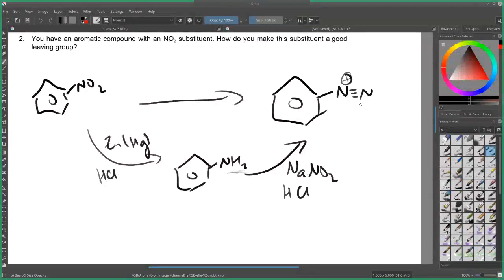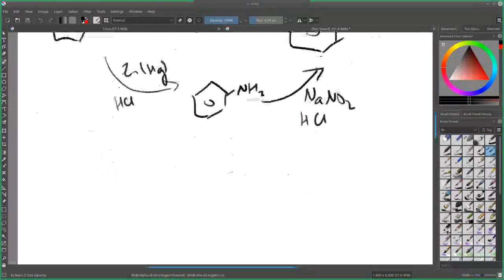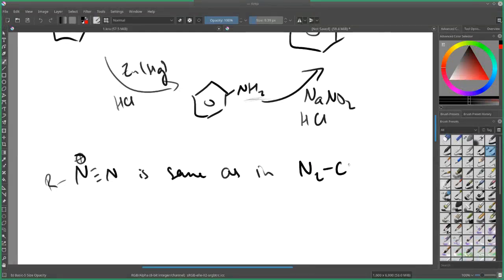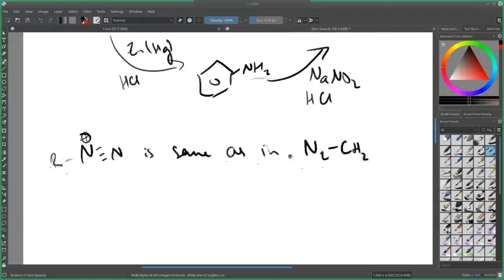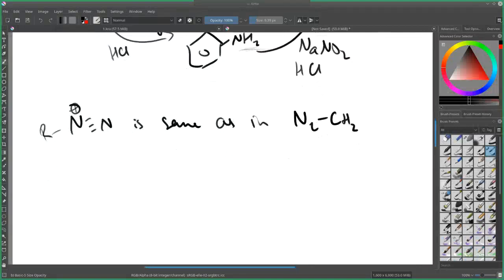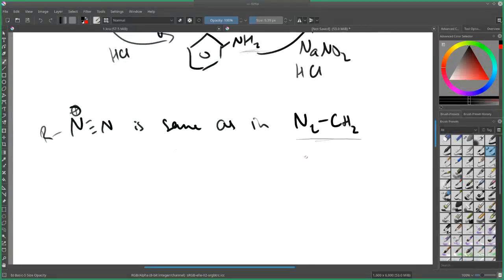You'll notice that this N triple bond N hanging off is the same thing that you have in diazomethane. But as a fun fact, diazomethane is made in a different way.